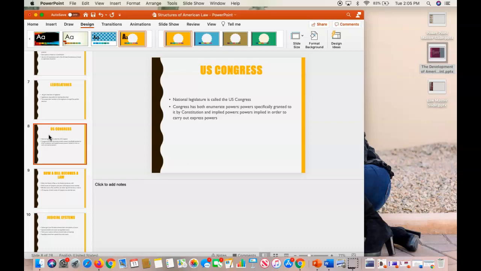It has both enumerated powers, which are powers specifically granted to it by the Constitution, and implied powers, which are powers implied in order to carry out its enumerated powers. An example of an enumerated power is the power to tax and regulate interstate commerce. This is spelled out in the Constitution.